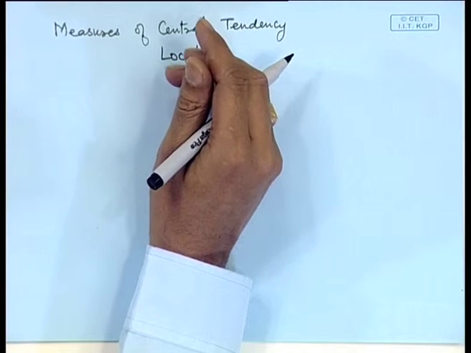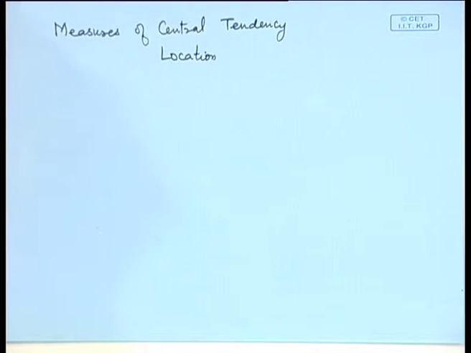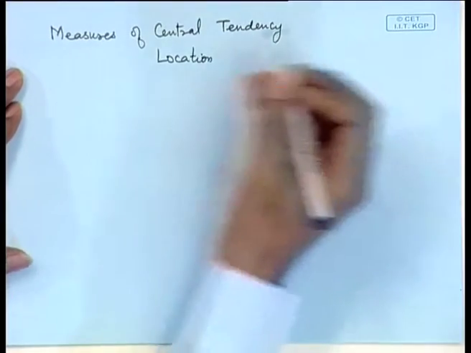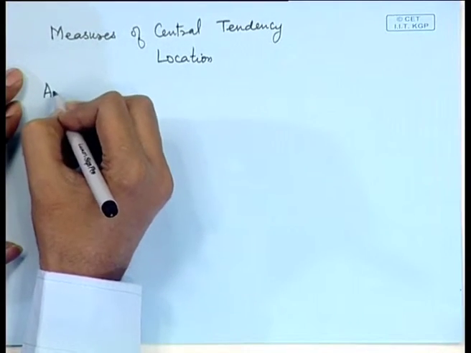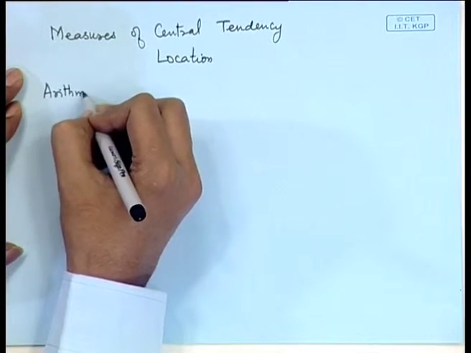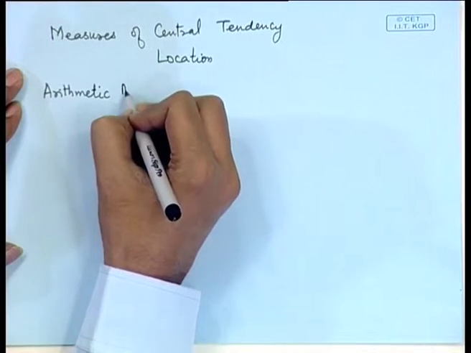These are known as measures of central tendency or measures of location, and there are methods of calculating them. So, here we will give examples. The first one is an average. The easiest of the averages is the arithmetic mean.